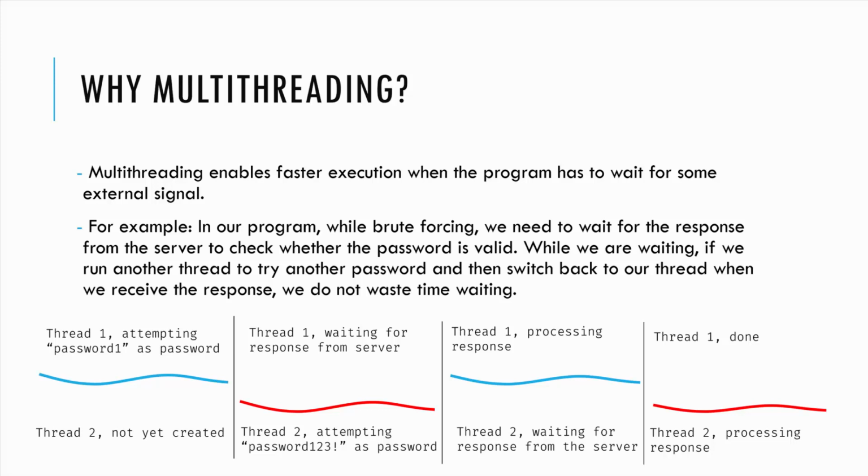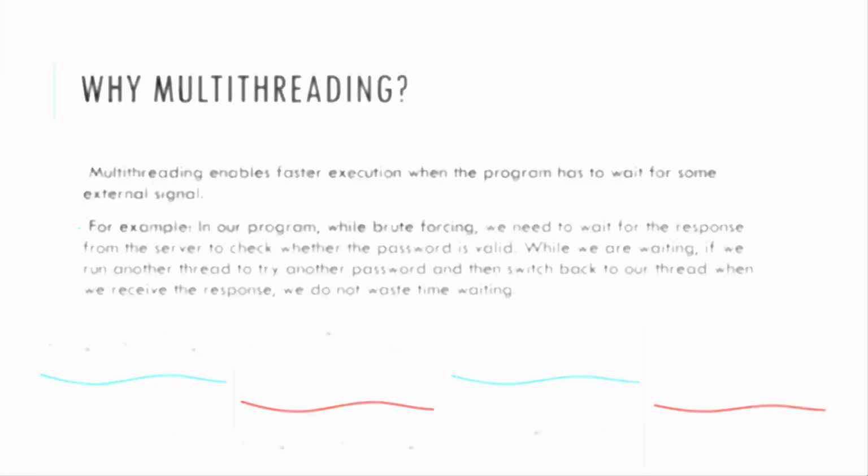And as soon as thread 1 is done, we pass the execution back to thread 2. Thread 2 would have already received its response, and as soon as it gets execution, it starts to process the response. This way we waste no time waiting for the server, and we just keep executing our code. This greatly speeds up the total time our program takes to execute.